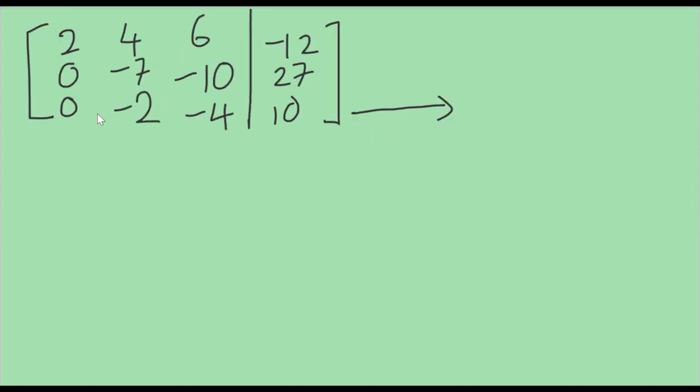To reduce this value to 0, we would be taking negative of negative 2 divided by negative 7, which gives us negative 2 over 7 multiplied by row 2 plus row 3. This would be our new row 3. The first two rows remain.